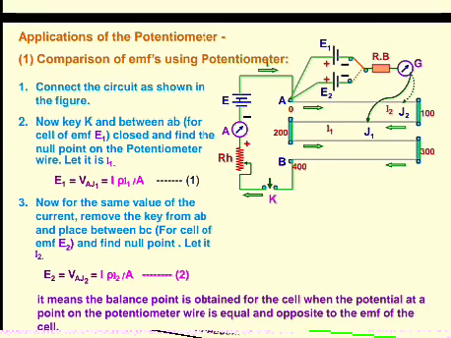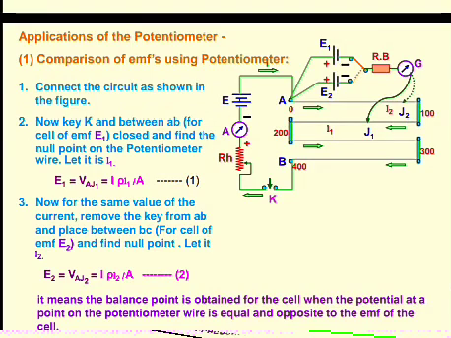Let it be L1 from point A of the potentiometer. Then according to the principle of the potentiometer, E1 is equal to I rho L1 upon A. That's equation 1.